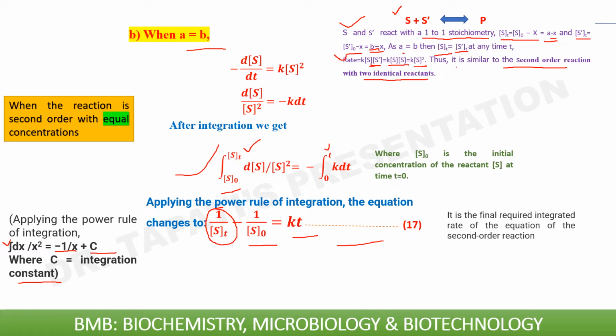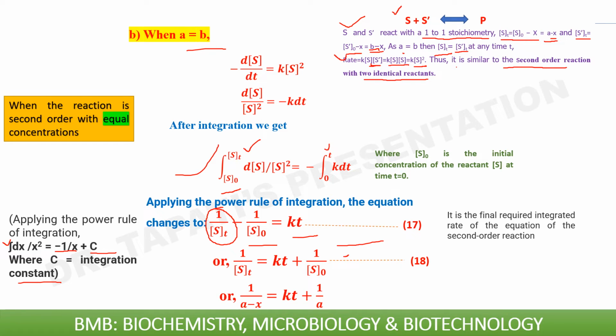Equation 17 is the final required integrated rate equation of the second order reaction. Or we can write equation 17 this way: 1 by St is equal to Kt plus 1 by S0. That is equation 18.